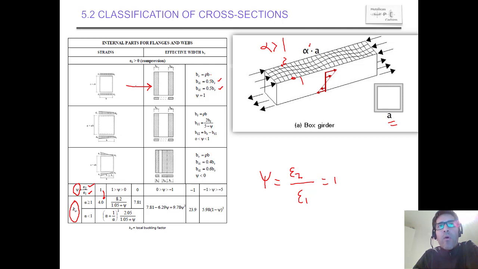So it's the simplest case in this analysis.